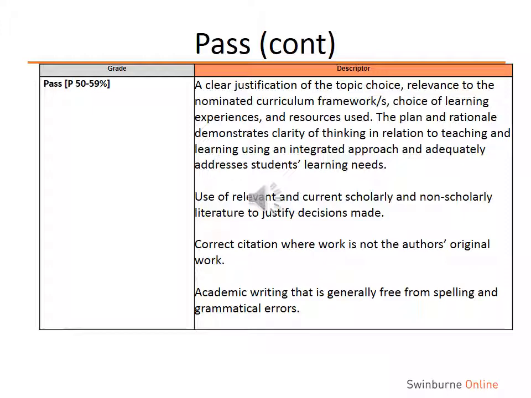Make sure your rationale is thorough. Make sure that you link everything that you do to supporting evidence. Make sure that you reference all of the work that is not your original work. And please proofread your work to make sure there are no spelling and grammatical errors.